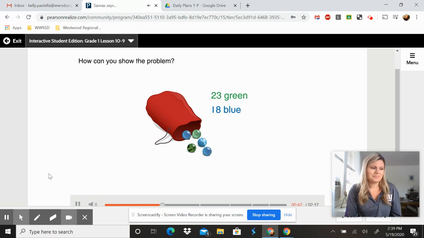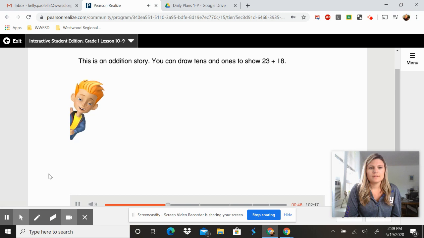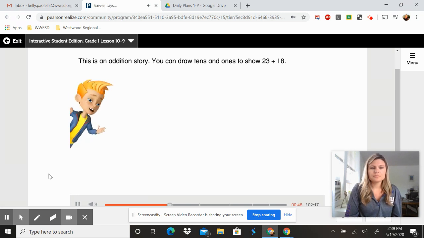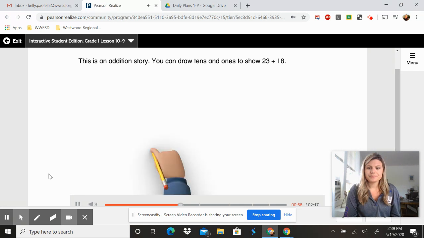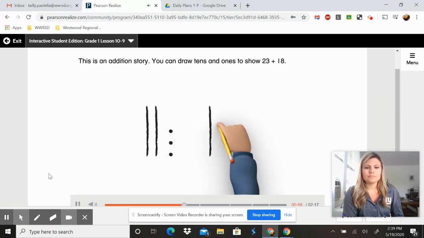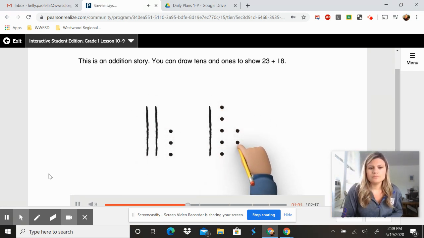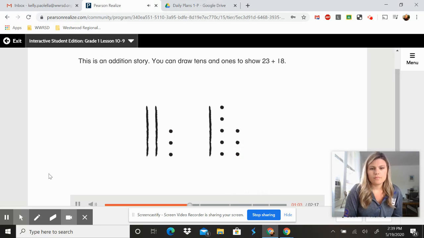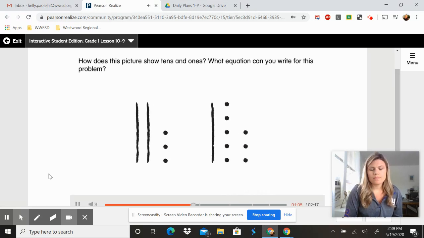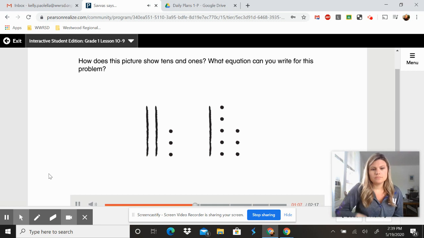How can you show the problem? I could use blocks, a number line, an equation, or drawings to show the problem. This is an addition story. You can draw tens and ones to show 23 plus 18. How does this picture show tens and ones? What equation can you write for this problem?